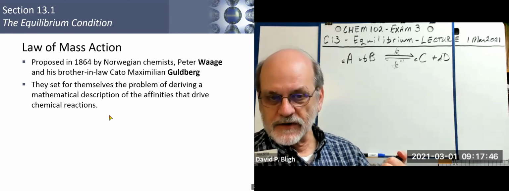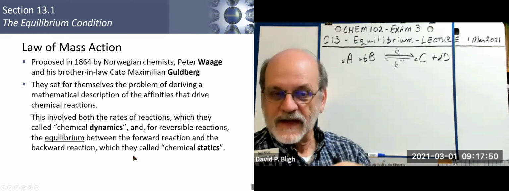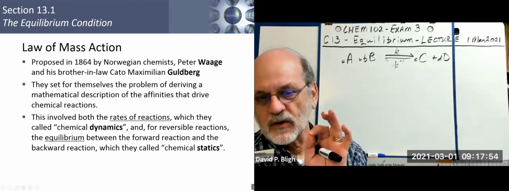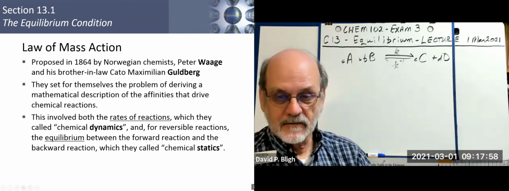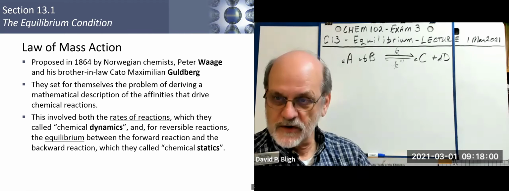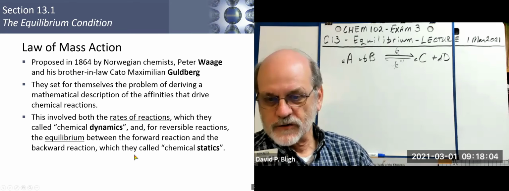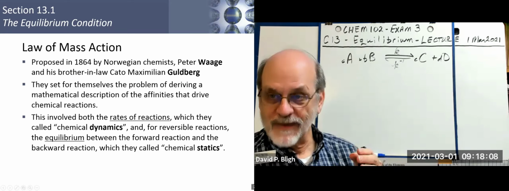And these two chemists came up with what they called chemical dynamics, which was their expression for kinetics. And chemical statics was their expression for equilibrium. So in the interest of chemical statics, equilibrium, they developed this law of mass action.